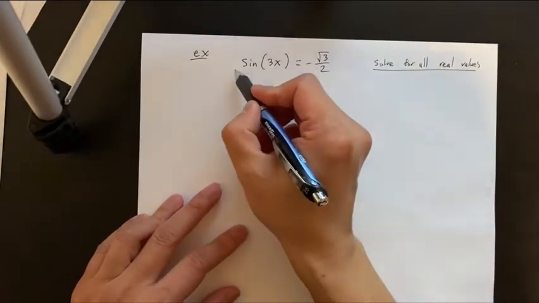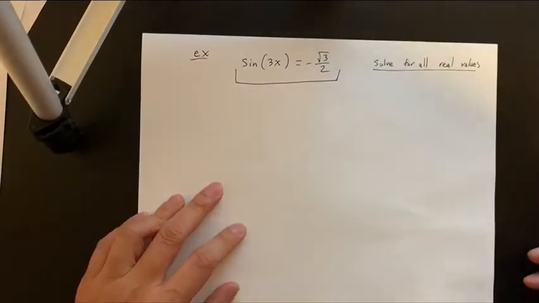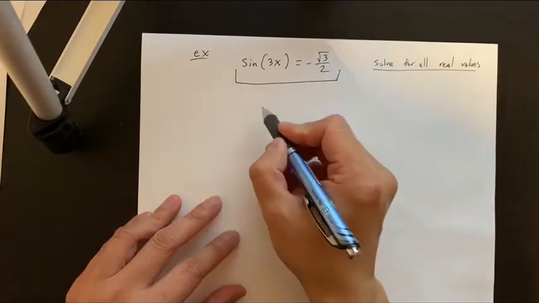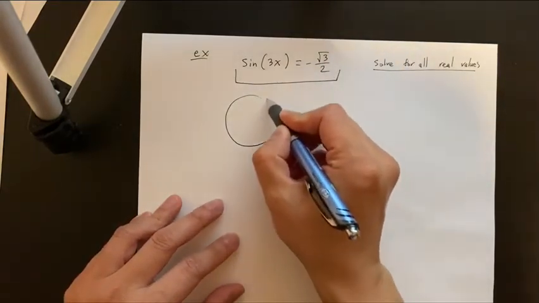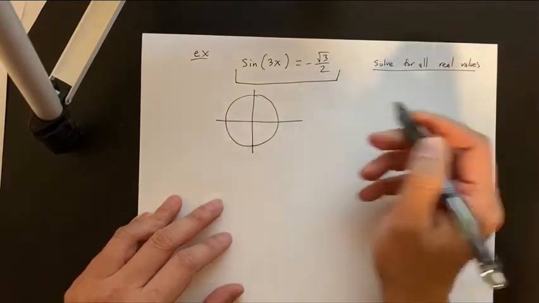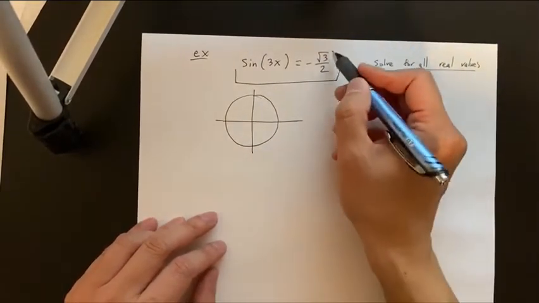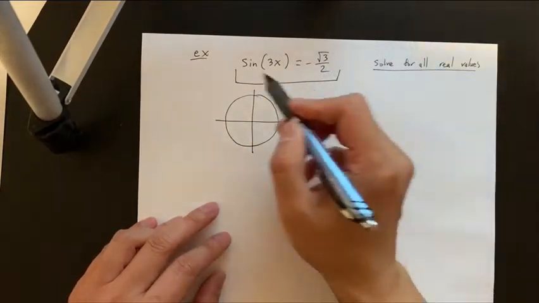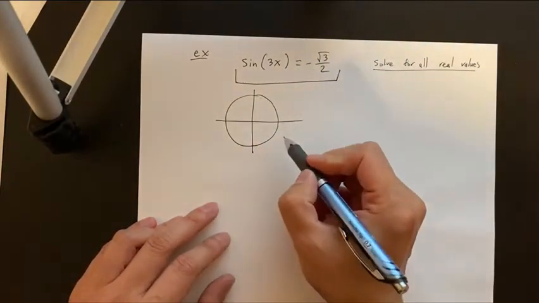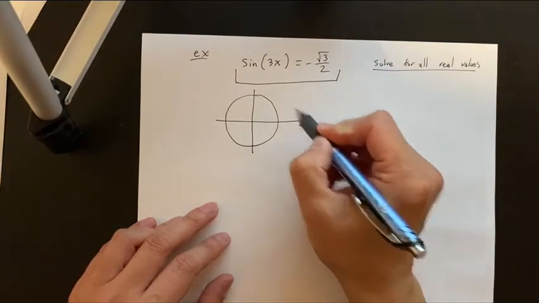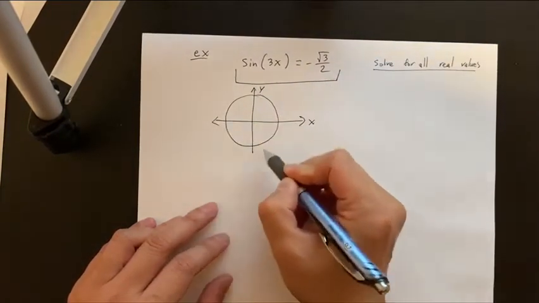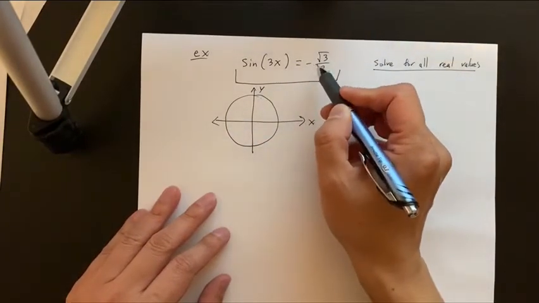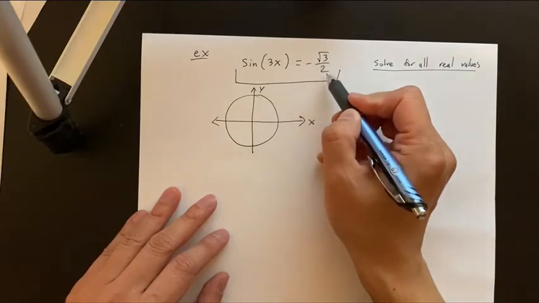So this is still a very simple trig equation. Sine of something is equal to negative root 3 over 2. And negative root 3 over 2 is a very nice value. We know exactly the position that will give me this value as my y value. Sine is going to give me back the y value on this unit circle. So we're going to be looking for any position on this unit circle with the y value being negative root 3 over 2.